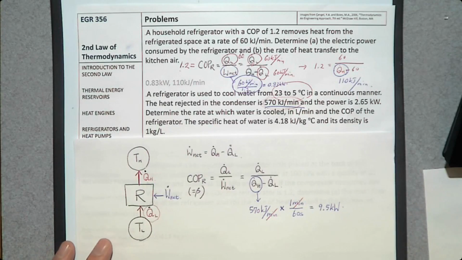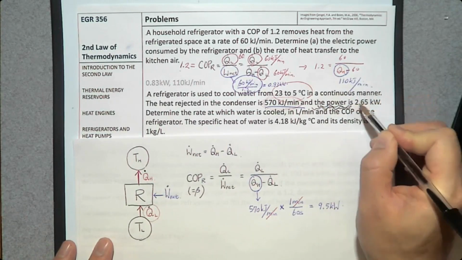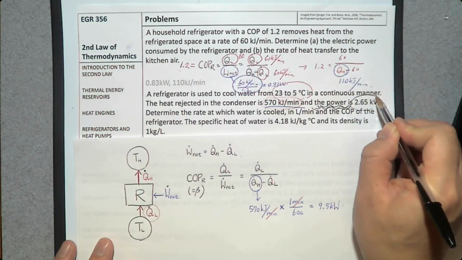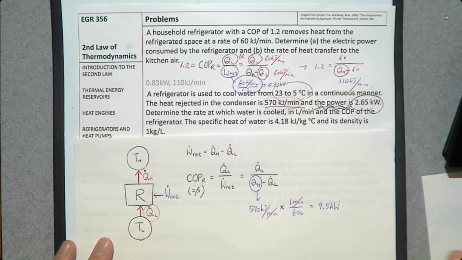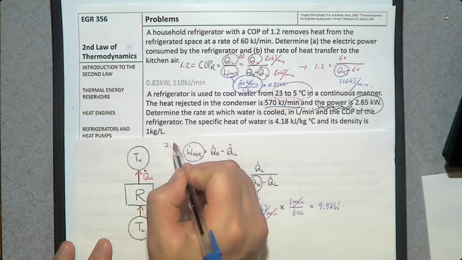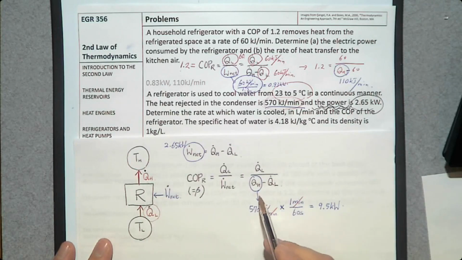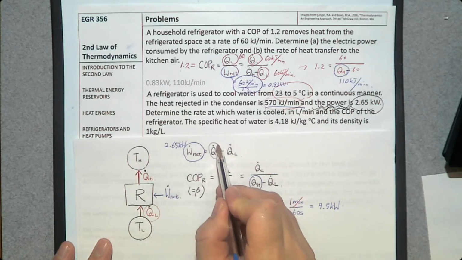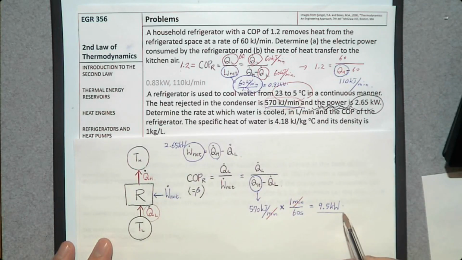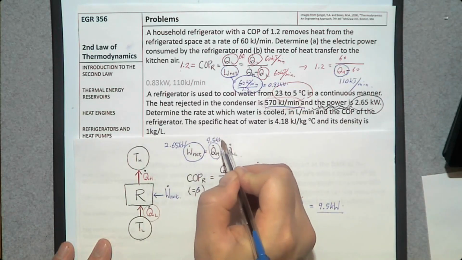And the power consumed by the refrigeration system is 2.65 kilowatt. And we found Q dot H is 9.5 kilowatt.